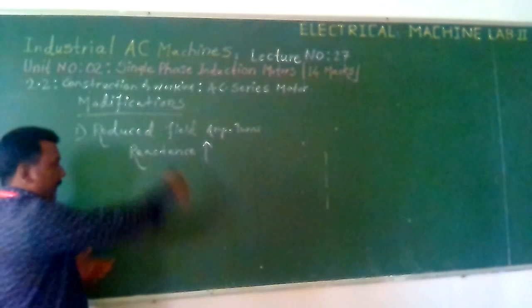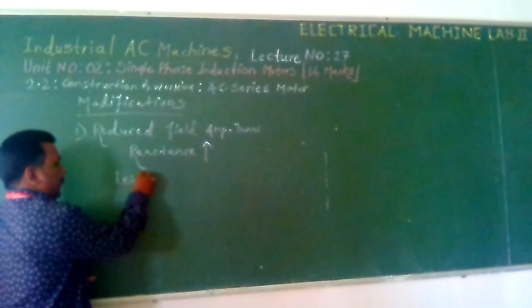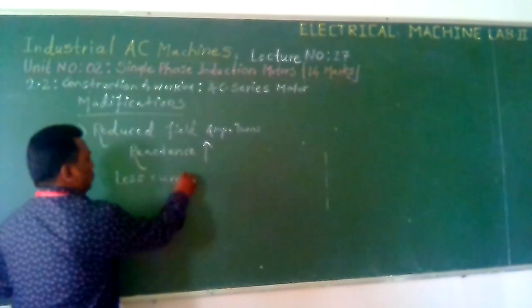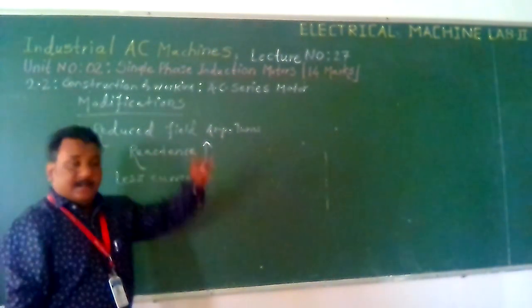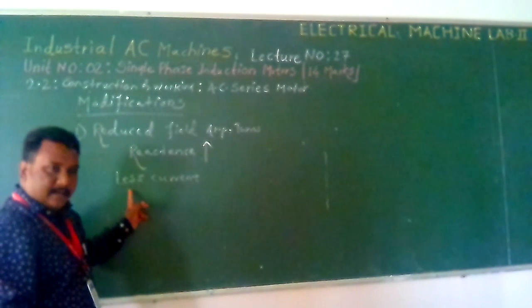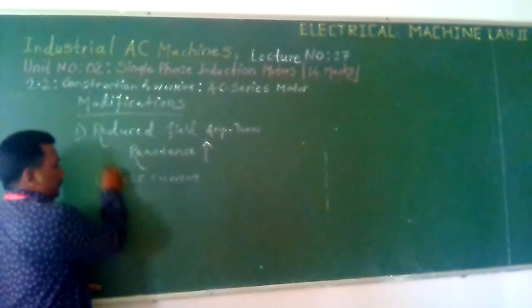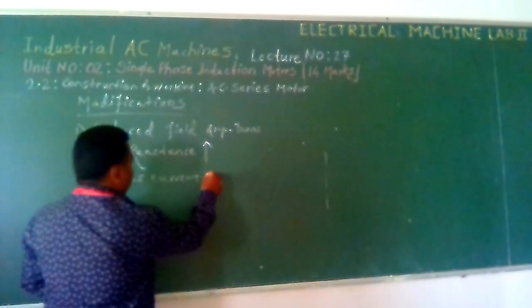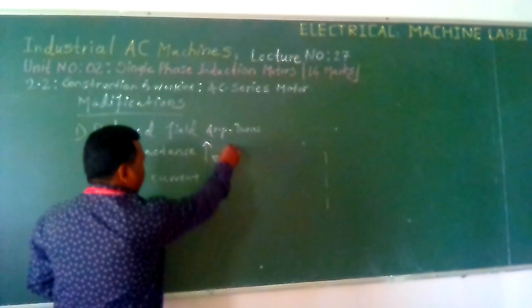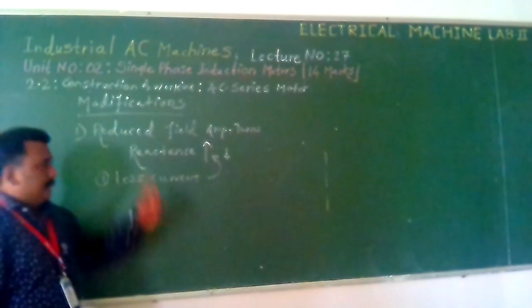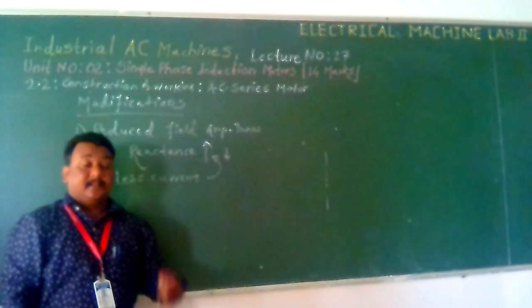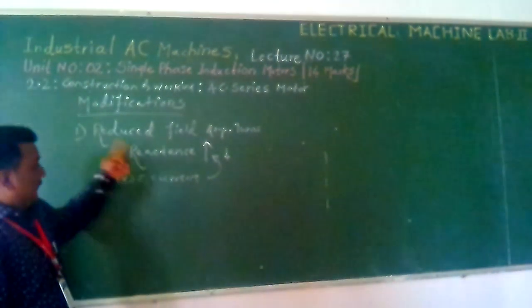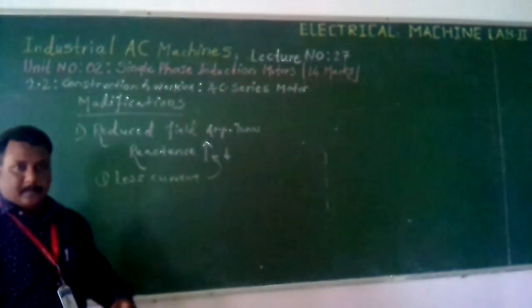So it has less current due to reduced ampere turns. The first advantage is less current, and due to less current the reactance will also be low. The reactance or voltage drop in the field winding is very low. So this is the first type of modification.